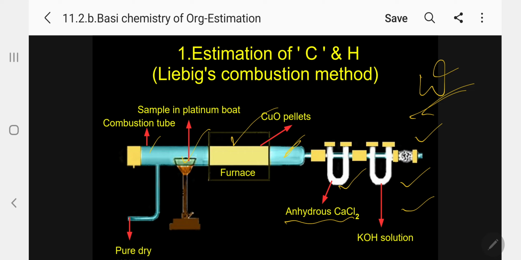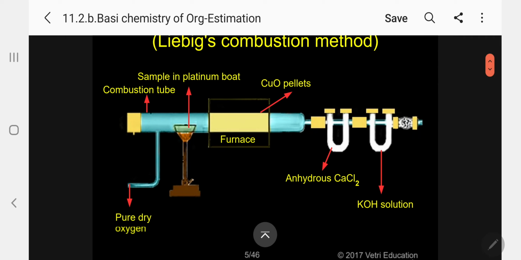Before starting the experiment, disconnect, pass dry air, wash away everything, then connect it after placing your substance, a known quantity of W gram, in the platinum boat. It is then placed over a furnace so that it will be heated. When we are heating, what will happen?